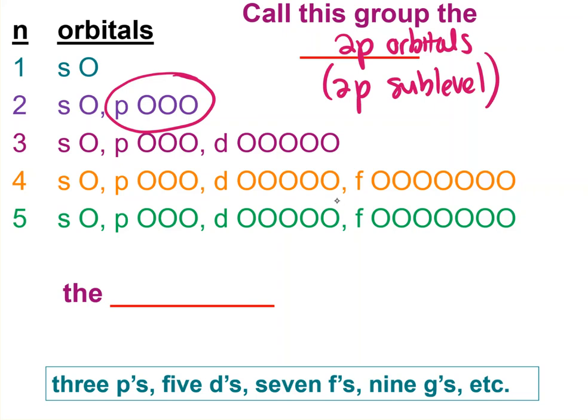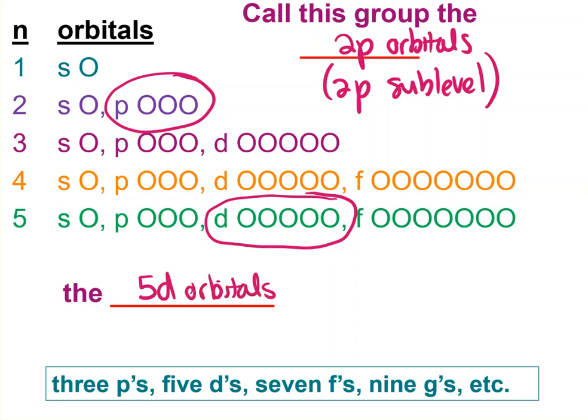Similarly, if I want to talk about those, I would call those the 5d orbitals. And I might say something like this, which gets confusing: there are 1, 2, 3, 4, 5 5d orbitals. So you've got to really watch the language and understand that this is a description of a sublevel or a group of orbitals.